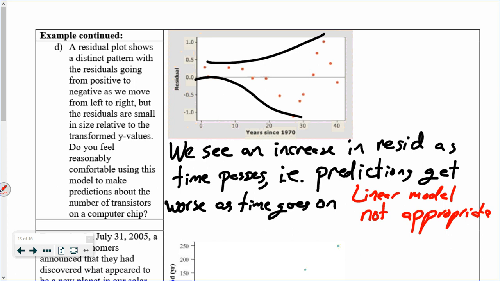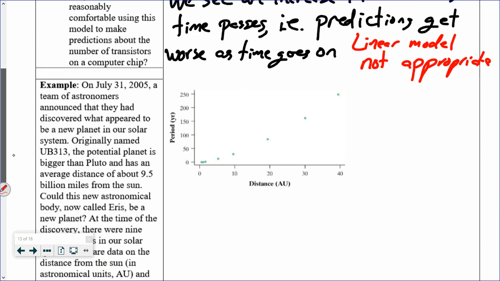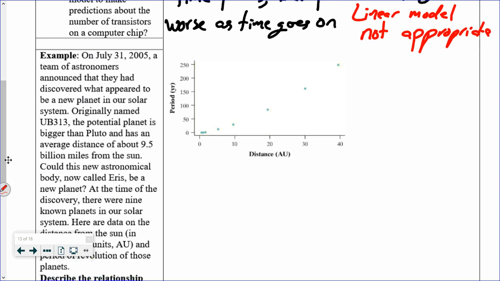All right, so we can talk about Moore's law, great excitement. We can also talk about, ooh, take a look at that. Distance and period. On July 31st, 2005, a team of astronomers announced they discovered a new planet in our solar system. Originally named UB313, the potential planet is bigger than Pluto. Pluto's not a planet and has an average distance about 9.5 billion miles from the sun.